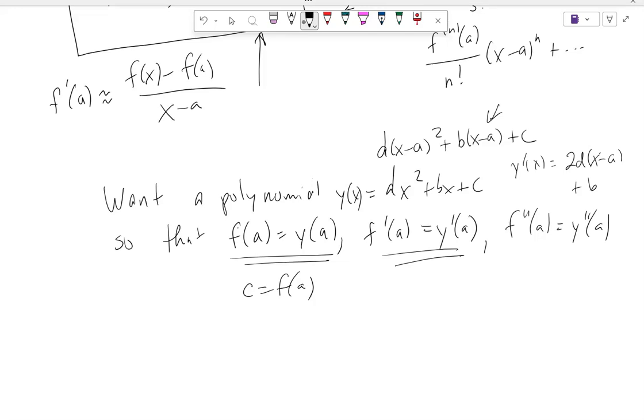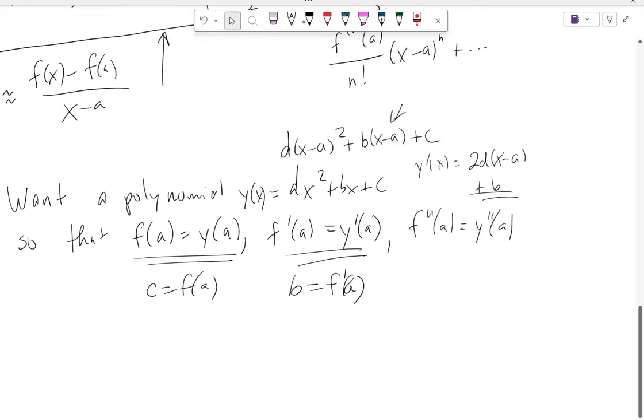I'd bring down the 2 in front for the first one. That is the derivative, right? So what do you get when you put in a into the derivative? What answer do you get when you put an a into the derivative over here? Just b, right? So your b has to be f prime of a.